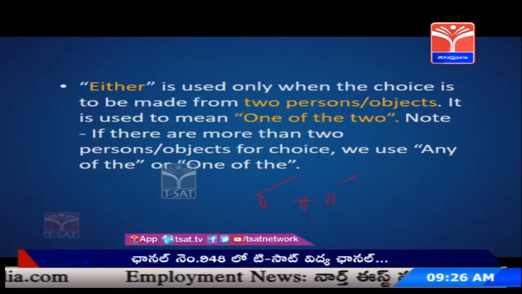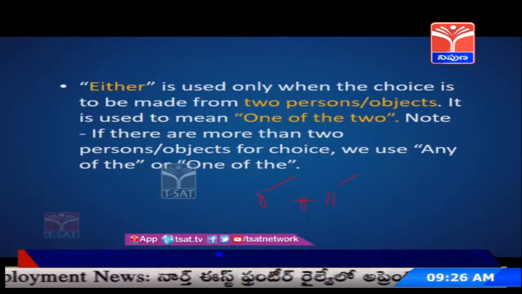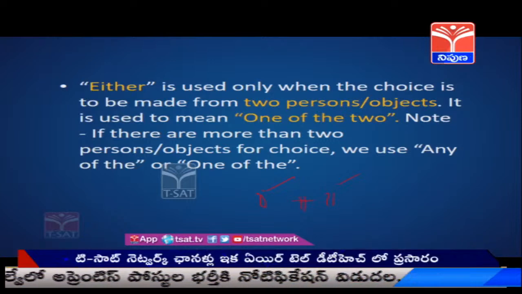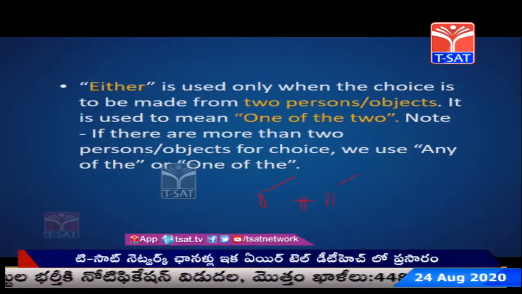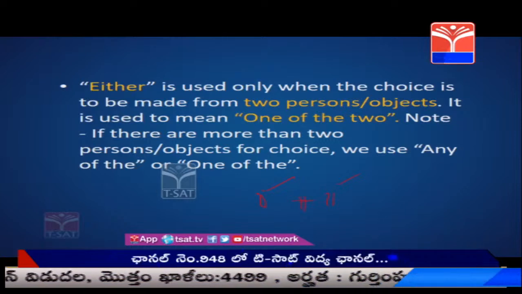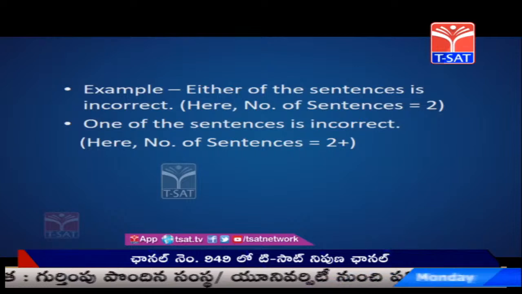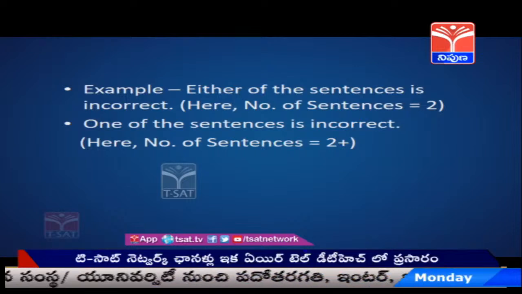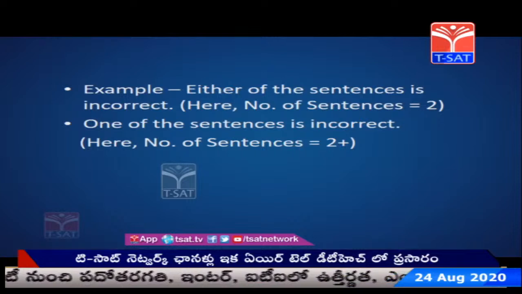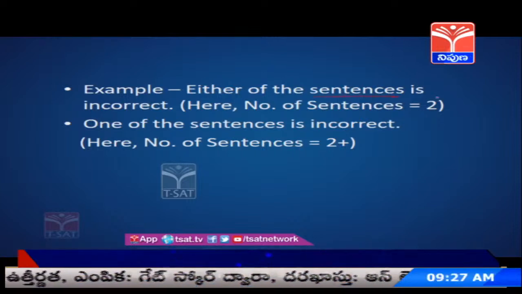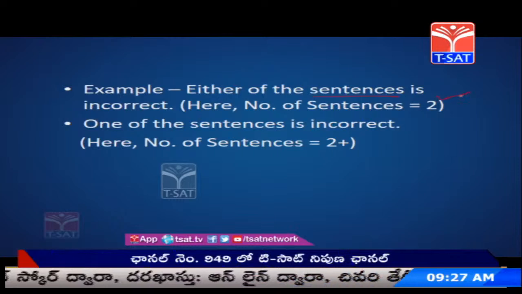Okay. Now next one, when the sentence starts with any, always any is followed by one of the. Any one of the. We start a sentence, any one of the. For example, either of the sentences is incorrect. Here the sentences, that means there are how many sentences? Two sentences are there.